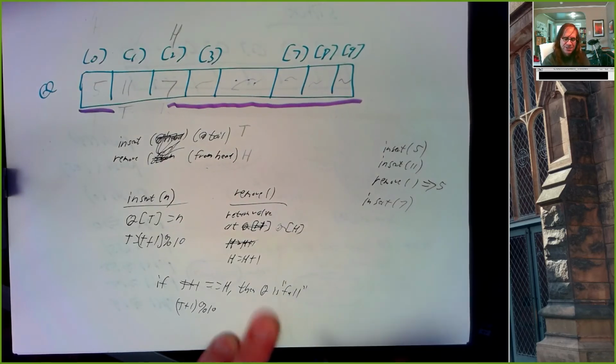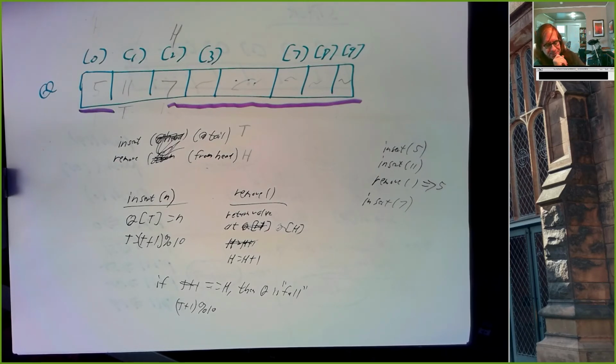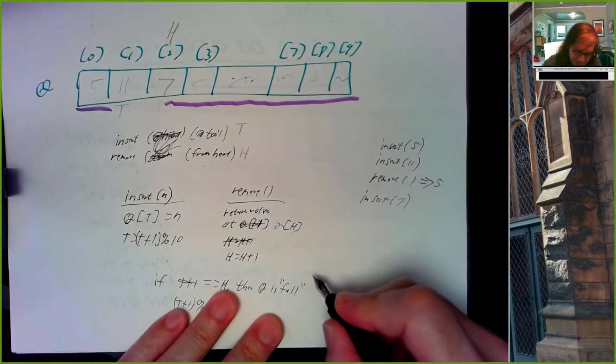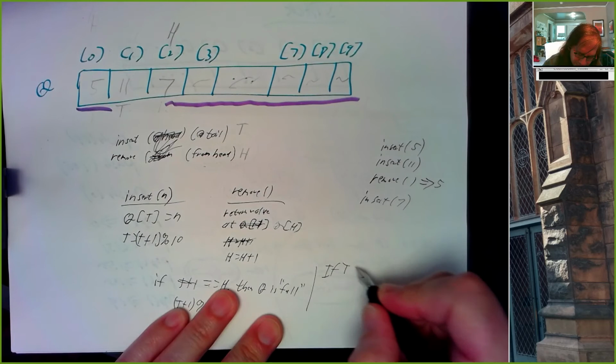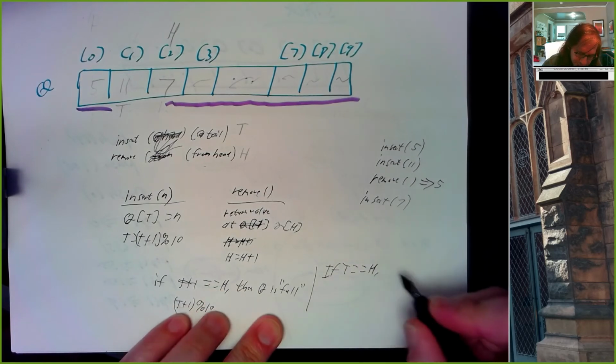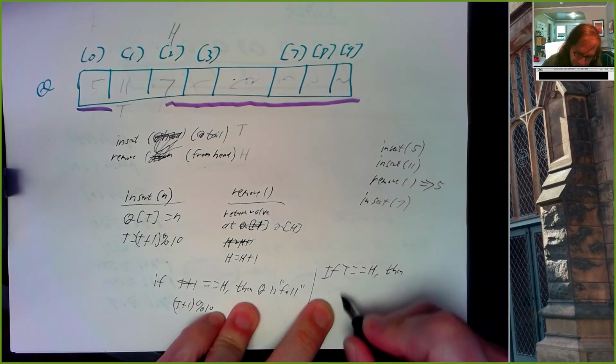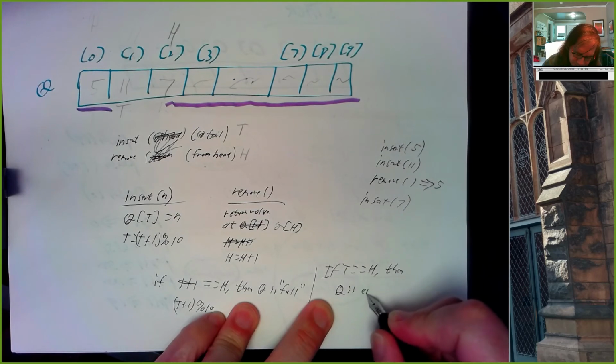Even though it's technically still got one open spot in it, it just kind of simplifies your life to just eat that one spot of space. Because now we can say if tail equals head, then the queue is empty.